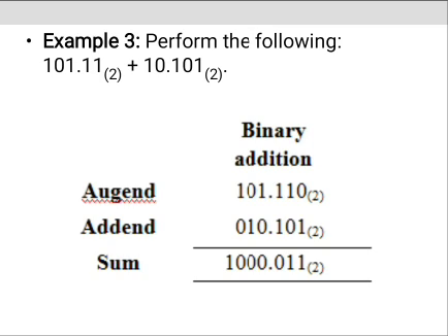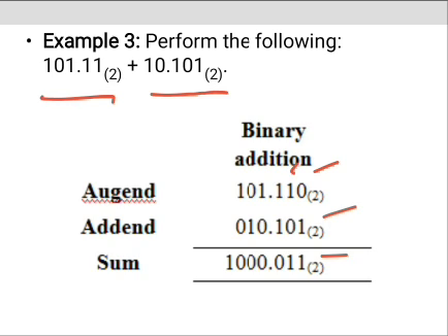Example 3. Perform the following: 101.11, it is in base 2, plus 10.101, it is in base 2. So, in the first column, 0 plus 1 equals 1.